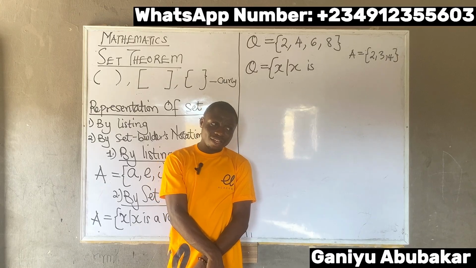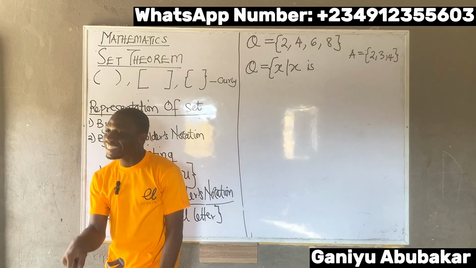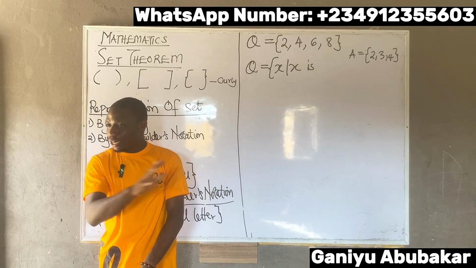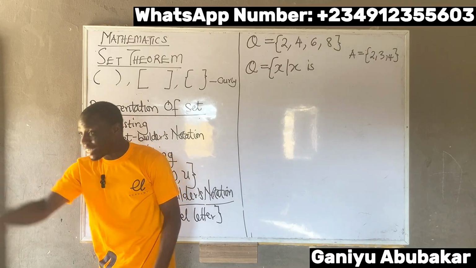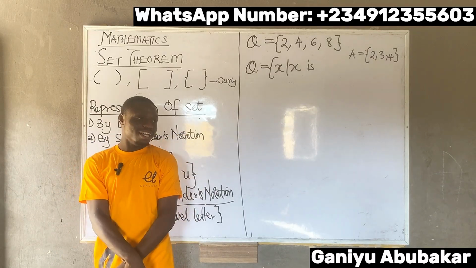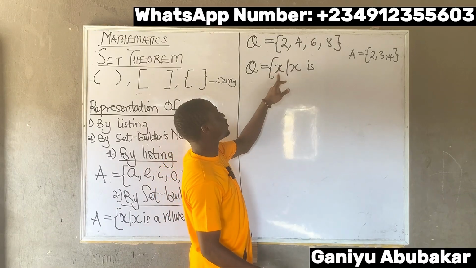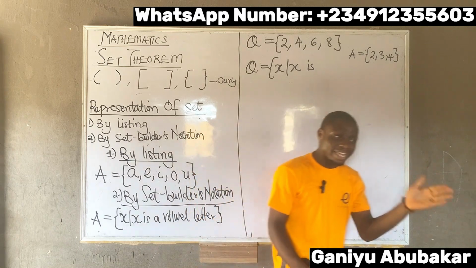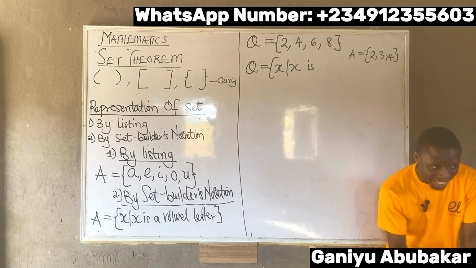Even number less than 10. Makes sense. So if I tell you even number less than 10, you know that you stop at 8. For less than 10, I won't include 10.